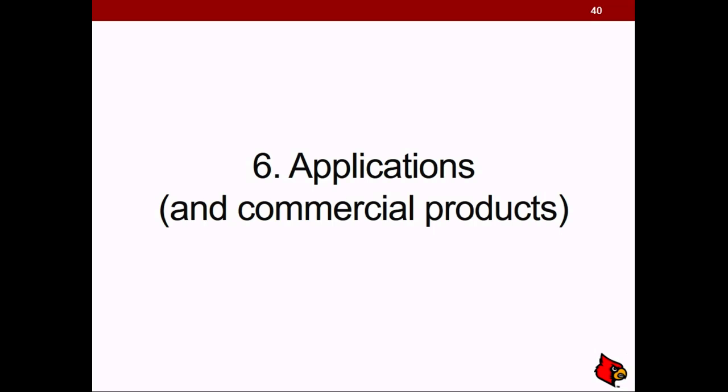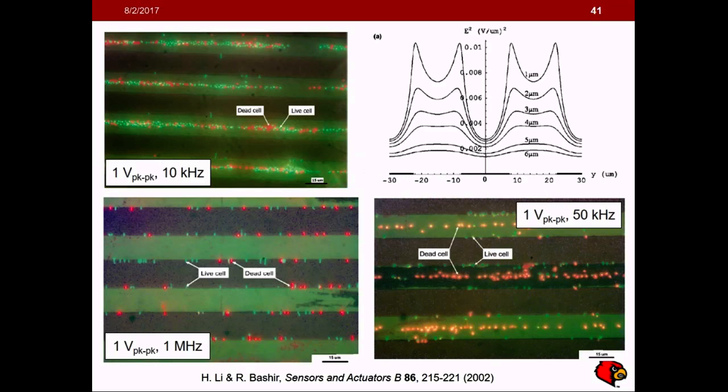So now we're going to look at applications, including commercial products, and some we've glossed on in earlier slides, but separations is a primary application of dielectrophoresis. So here we have just one of many examples where they have an E. coli derivative that is stained to demonstrate the differences of live cell and dead cell behavior.